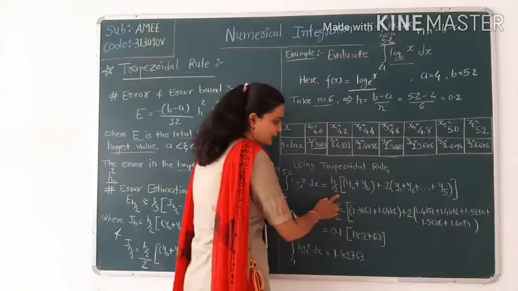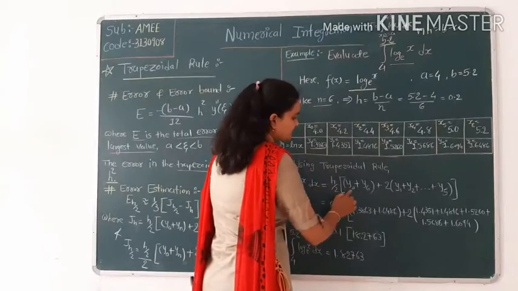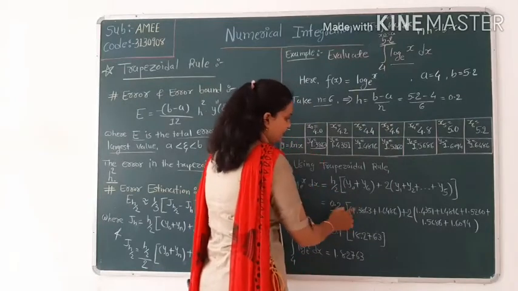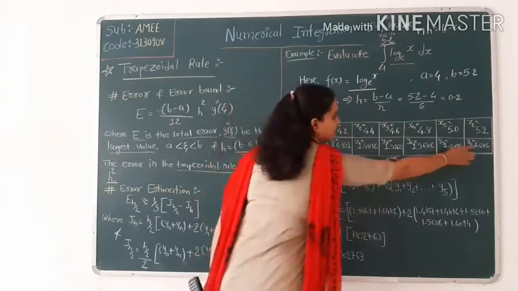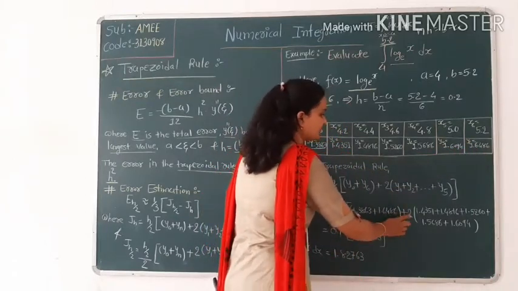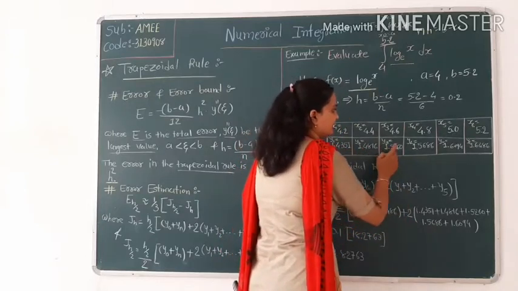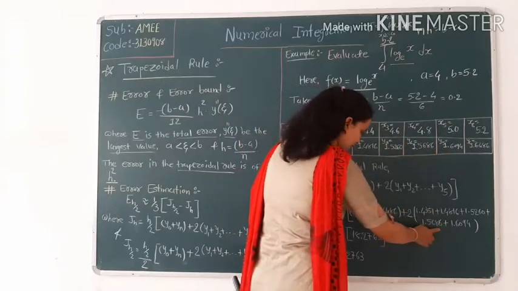Now put in the values: h equals 0.2 by 2, the value of y0 is 1.3863, the value of y6 is 1.6486, plus 2 times the remaining values y1, y2, y3, y4 and y5.